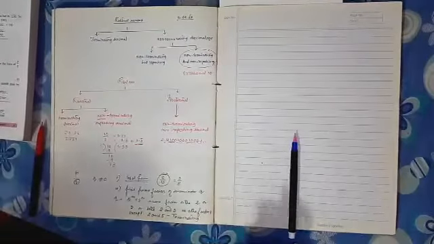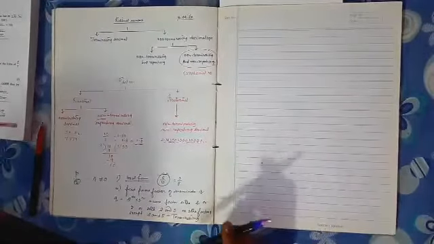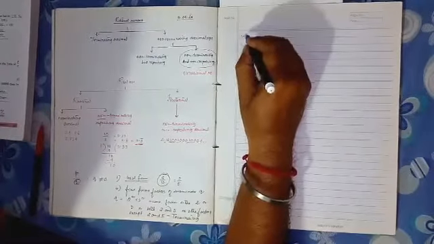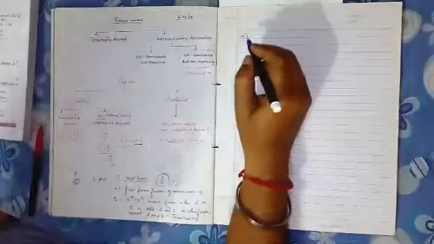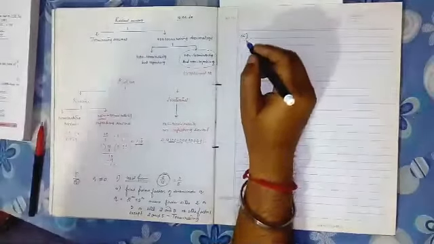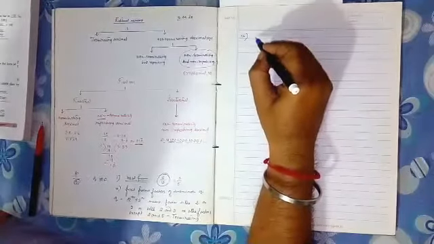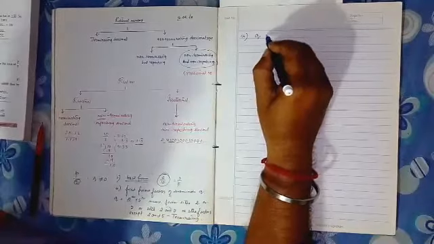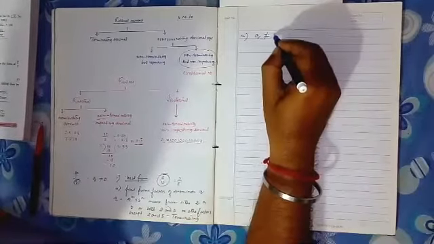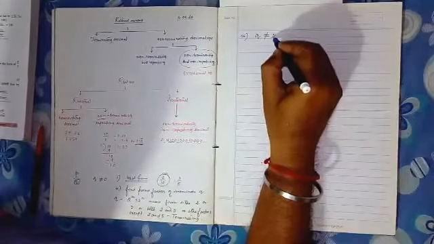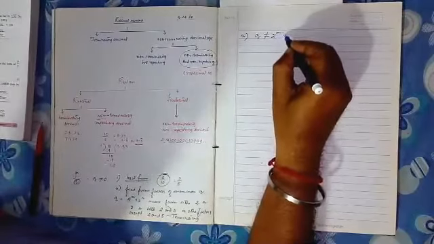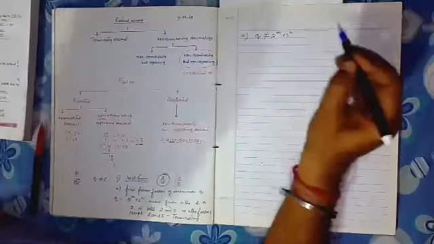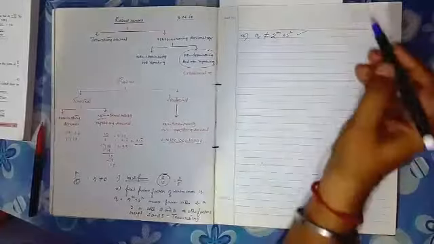But if it is seen that the prime factorization of q cannot be written in the form 2 to the power m into 5 to the power n, what does it mean?